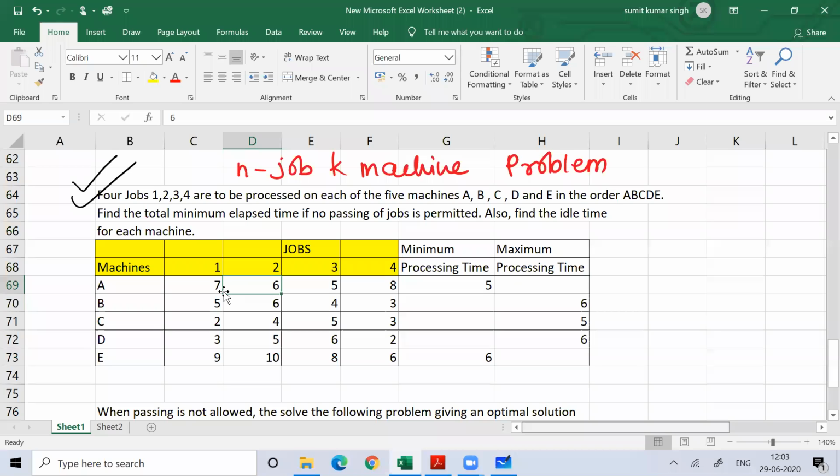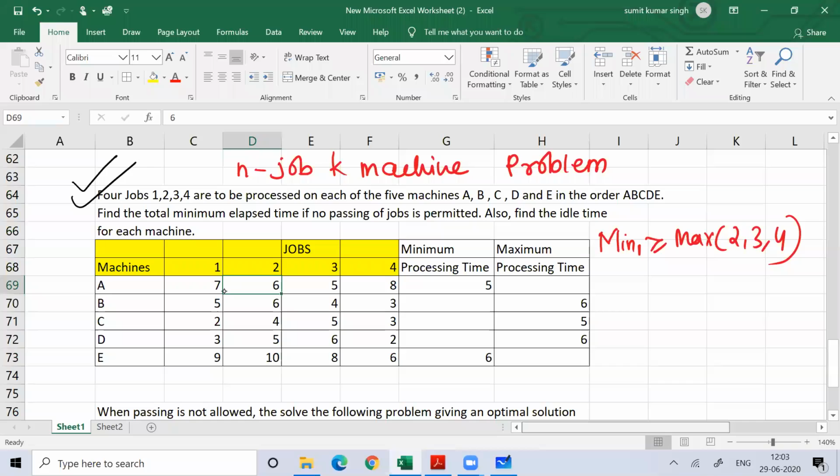You can compare them. The minimum processing time on the first and last machine should be greater than or equal to the maximum processing time of machines 2, 3 and 4. For the third machine, the maximum processing time is 5 hours, and the minimum processing time of machine A is 5 hours.